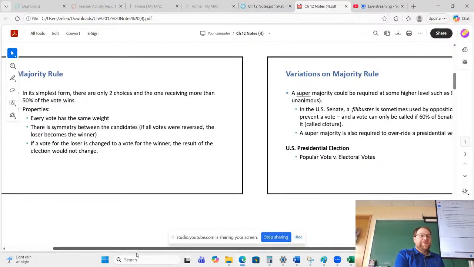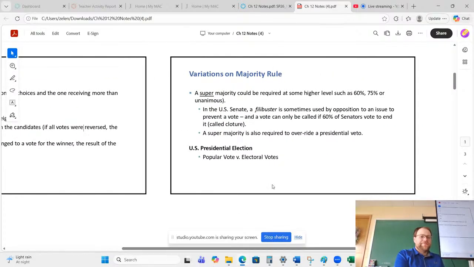Now there are some variations on the majority rule. One is called the supermajority, which requires more than 50%. This tends to show up in the US Senate, where you need 60% of senators in order to, typically, veto a bill of some kind.